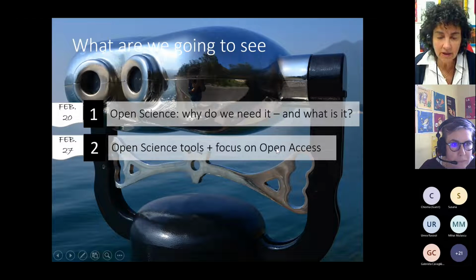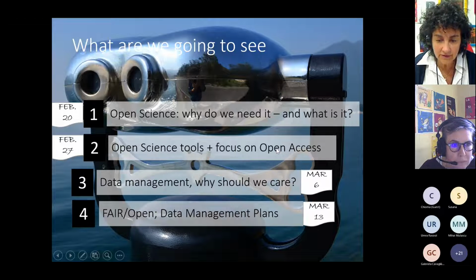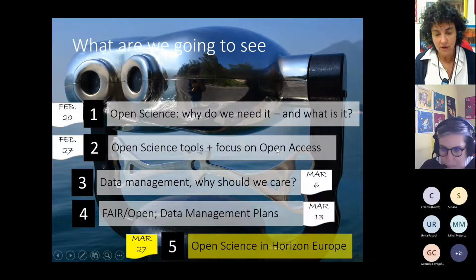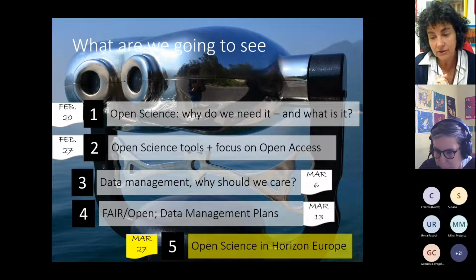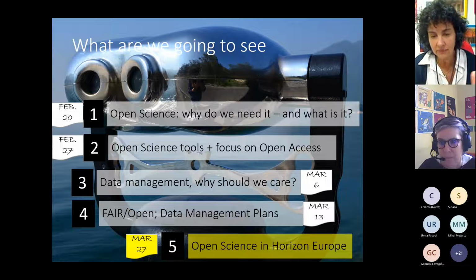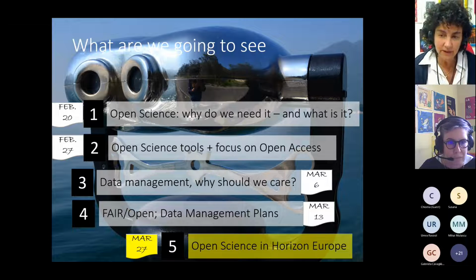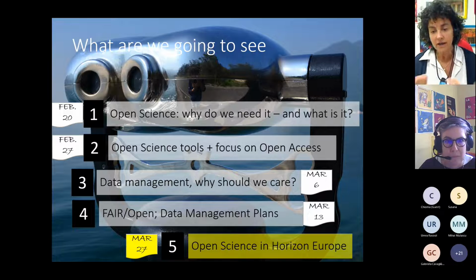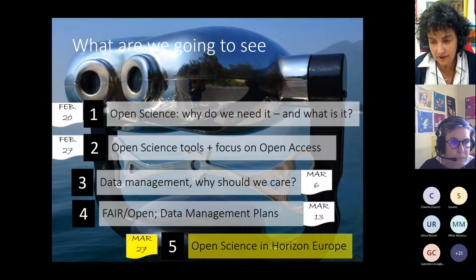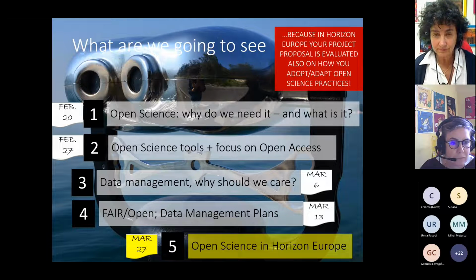So today we are at our last lesson, as I was saying. We are going to see how to apply what we learn about open science and why do we need it, open science tools, open access practices, data management, FAIR data management plan, to our proposal in Horizon Europe.